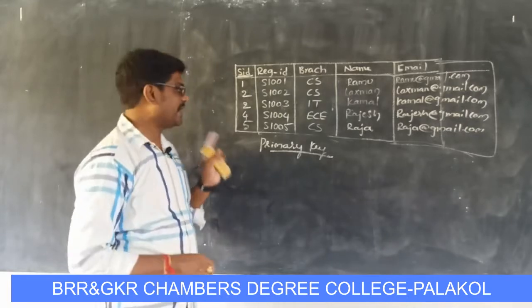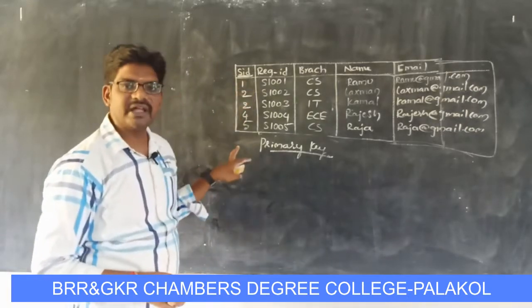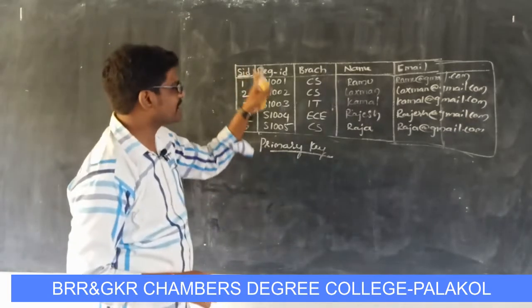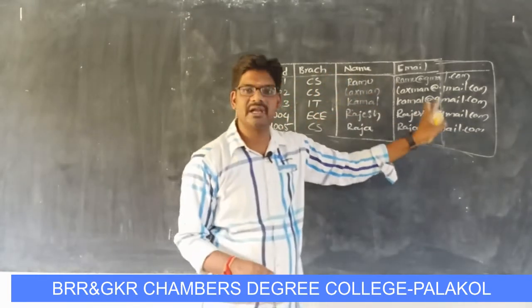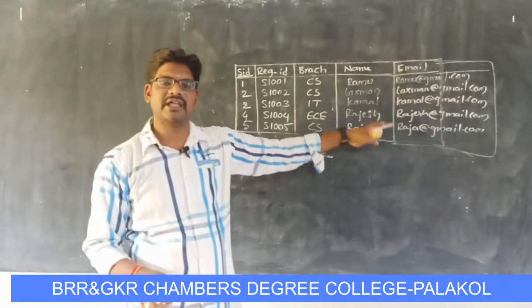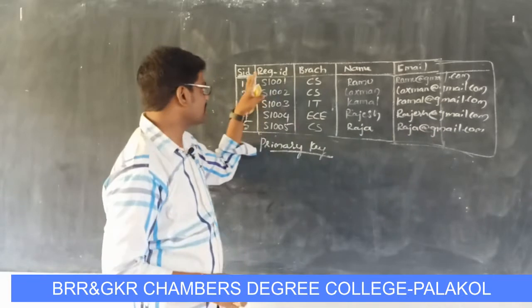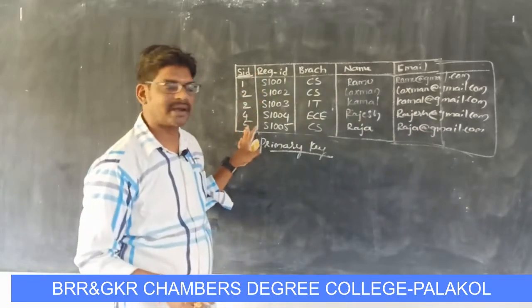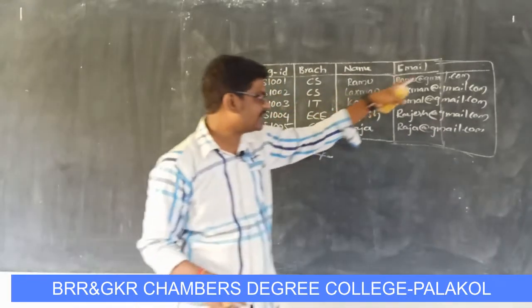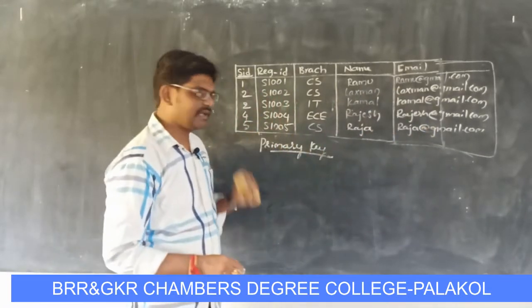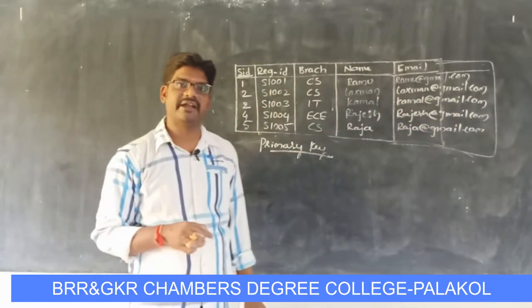Any of the candidate keys we can take as primary key, either SID or registered number or email ID. The remaining keys are alternative keys. For example, if you take SID as primary key, the registered ID and email ID are both alternative keys.